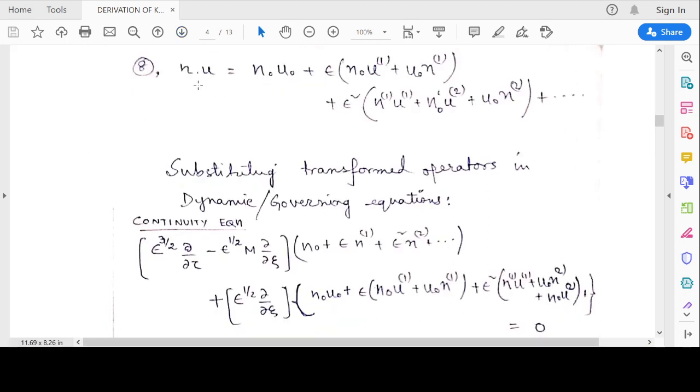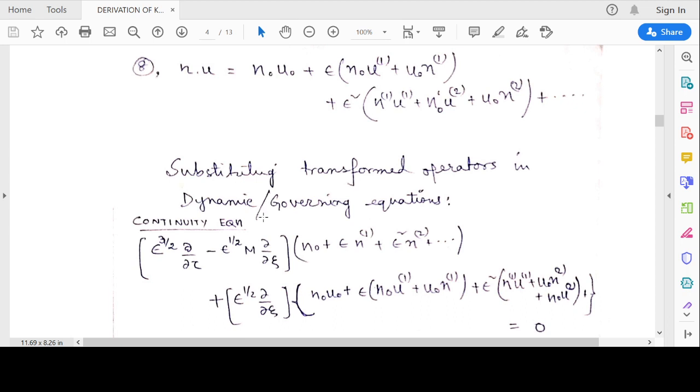You see, n into u is the unperturbed terms, epsilon n0 u1 plus u0 n1, epsilon square. We haven't written the higher order terms, but remember here there will be three terms because the second order terms with the unperturbed terms will be here.